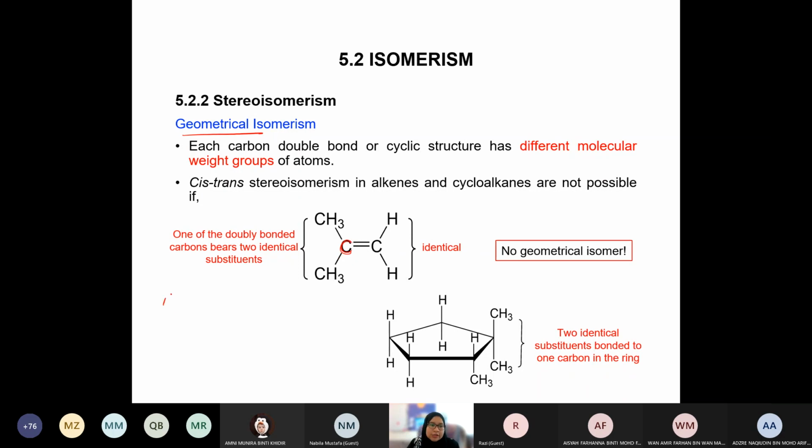Syarat pertama, okay, saya tulis senang sikit. This is for open chain. Maksudnya bukan cyclic. Not cyclic.